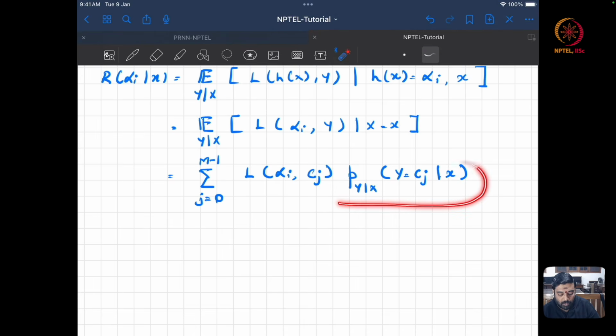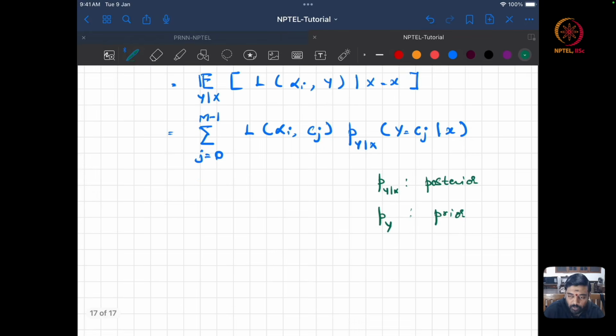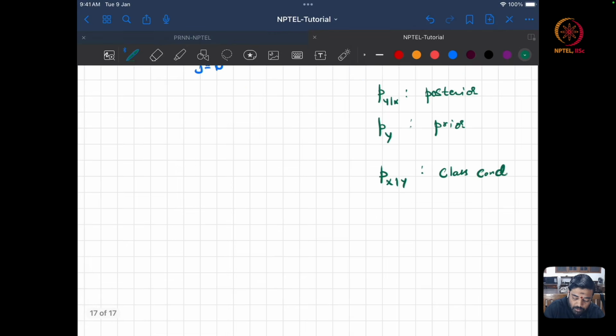Okay, let me just make a note of this. Whenever p of y given x is known as the posterior, p of y is known as the prior distribution, and p of x given y is class conditional.